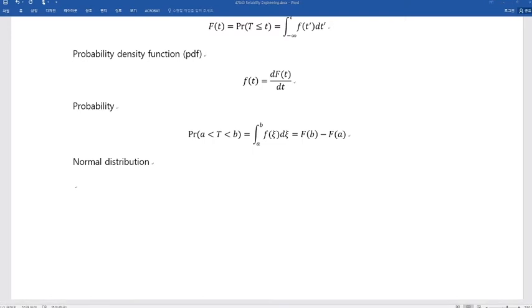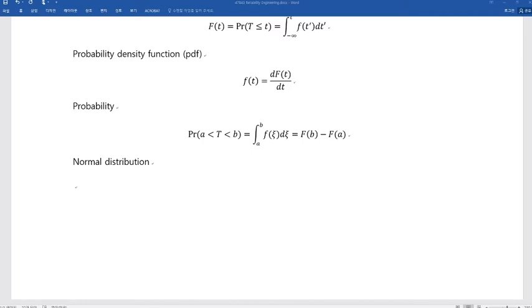Today I'm going to explain these continuous distributions in more detail and try to derive, not exactly mathematically derive, but derive such that you have some basic concept on these distributions.